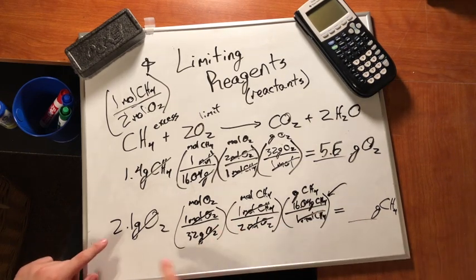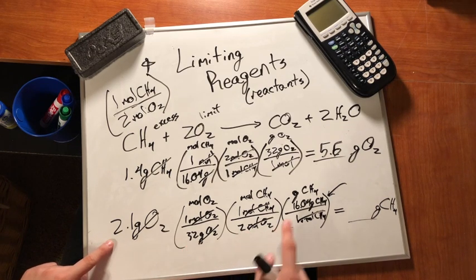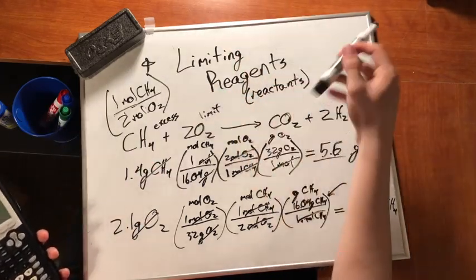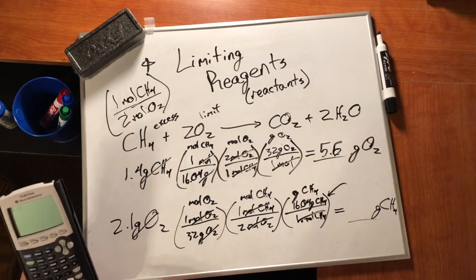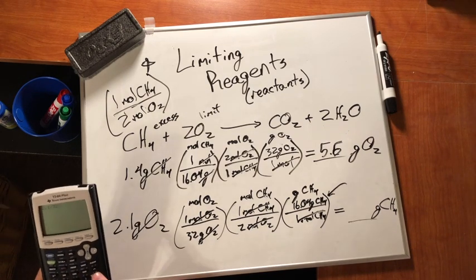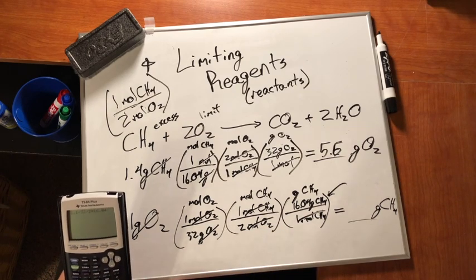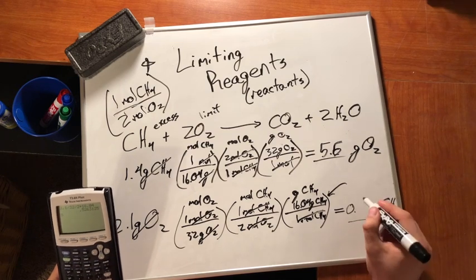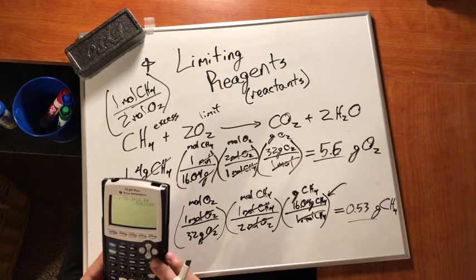So when I calculate my numbers, I'm going to have 2.1 divided by 32 divided by 2 times 16.04. Let's calculate that out real quick. That is going to be 0.53 grams of methane.